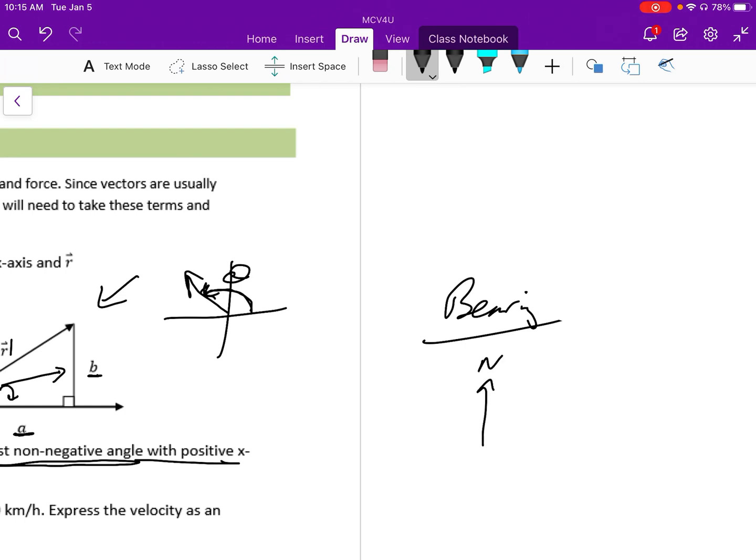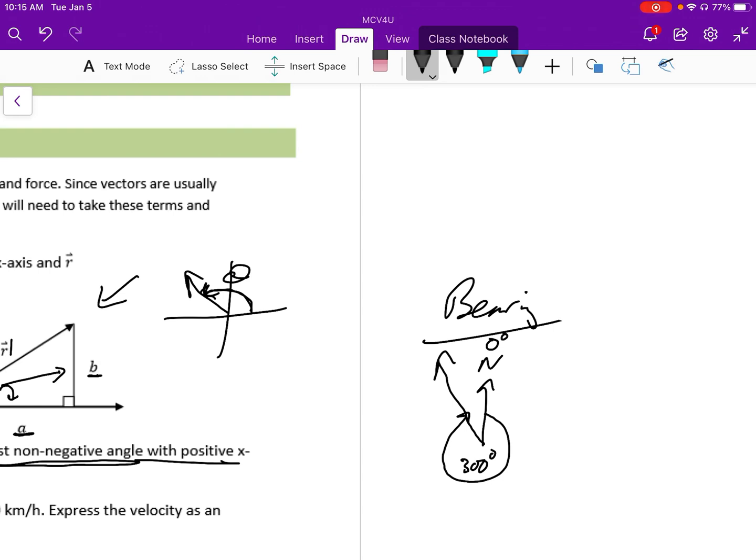They don't say north, they say that's 0 degrees. North is 0, and you travel clockwise until you hit your degree. This would be a 300-degree bearing.